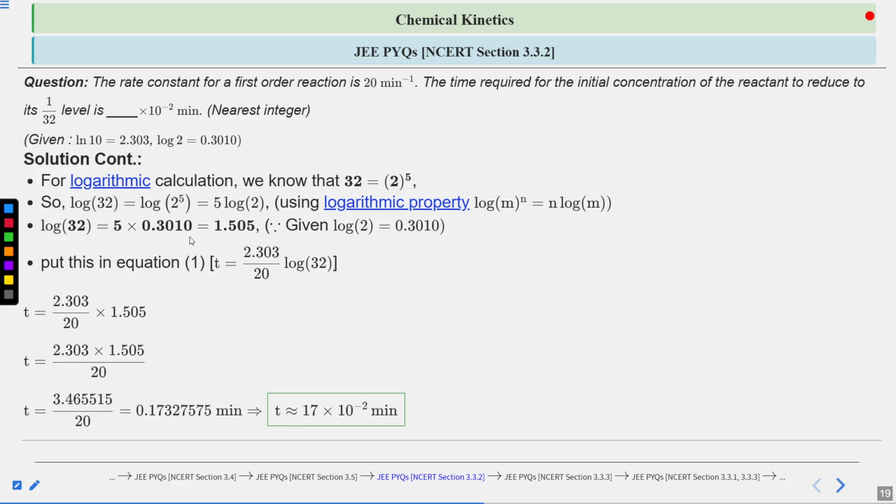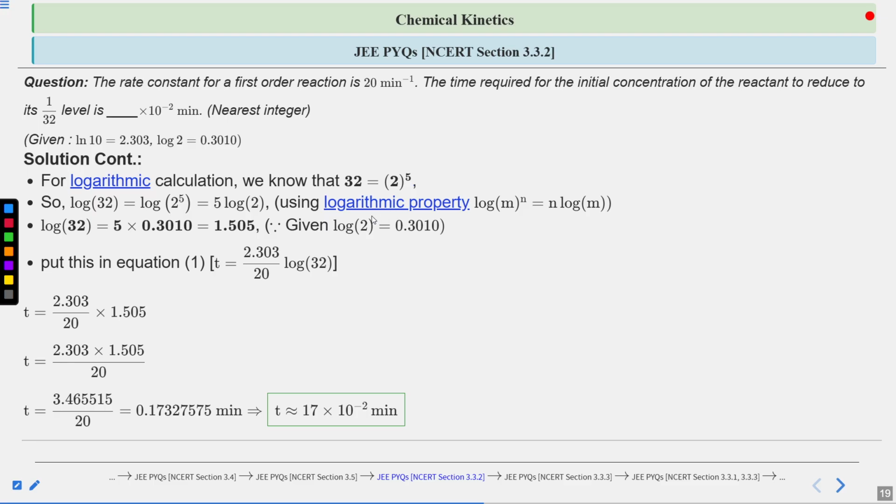In the examination, there is no use of a calculator. That's why they already mentioned some tricks here. Like in the question, they already mentioned the log 2 value and log 10 value. So think about this. That's why they are providing these values, because you have to solve in such a manner that you are going to use these values. You can't identify what is log 32, but you can write log 2 to the power 5 as 5 log 2, and then log 2 is already given.